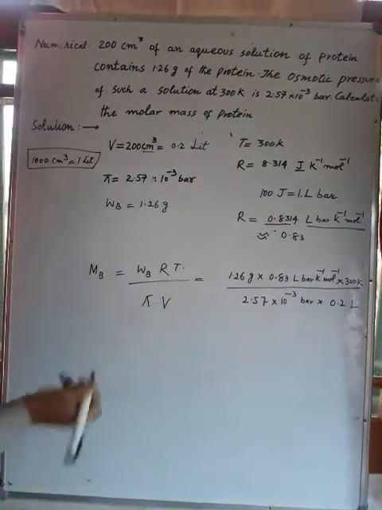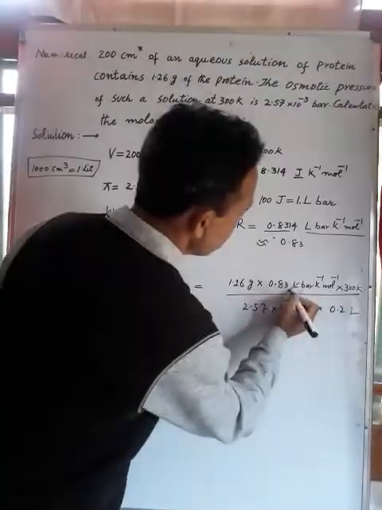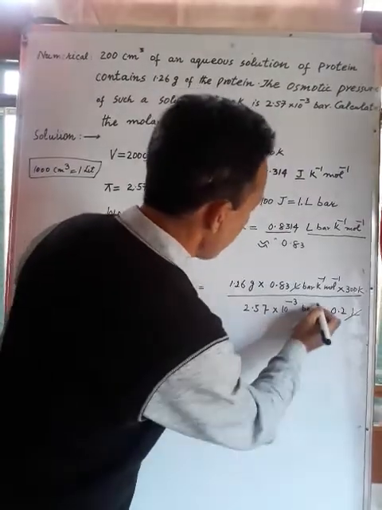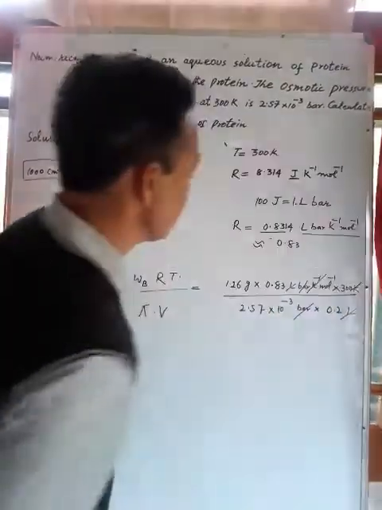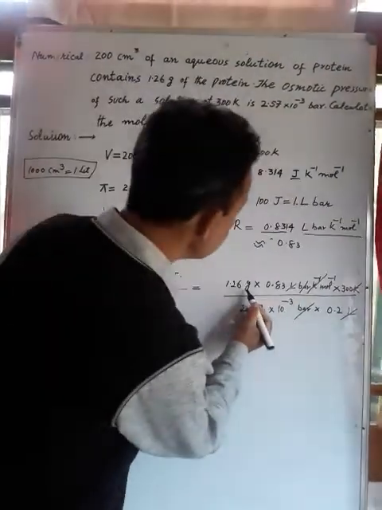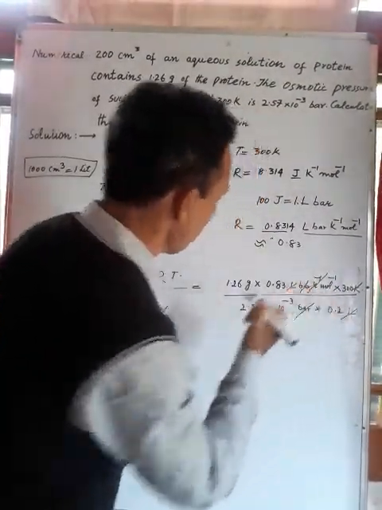Now first we will determine the units. Liter cancels, bar cancels, Kelvin cancels. So we have only the unit gram per mole.